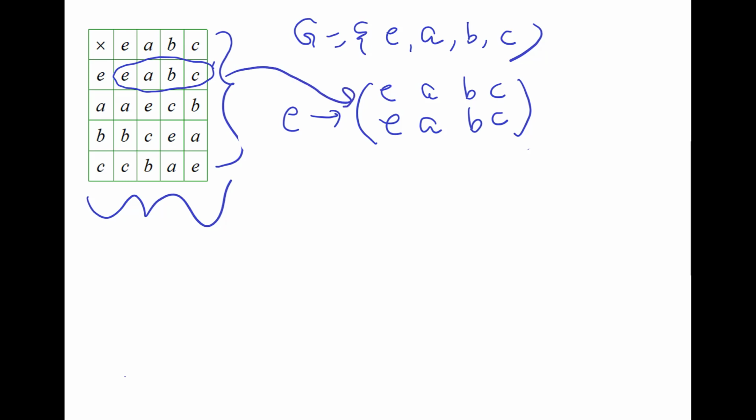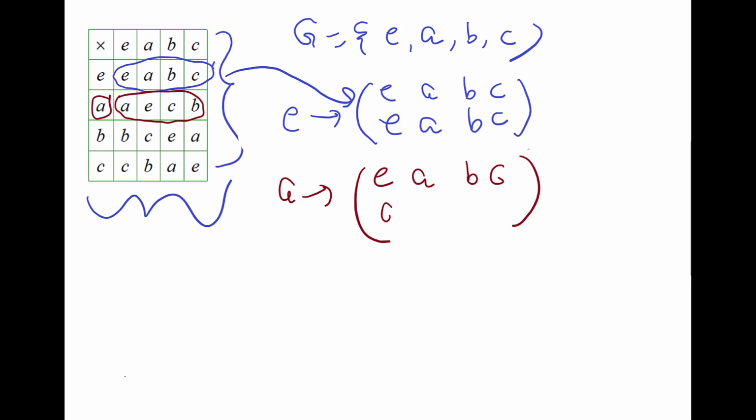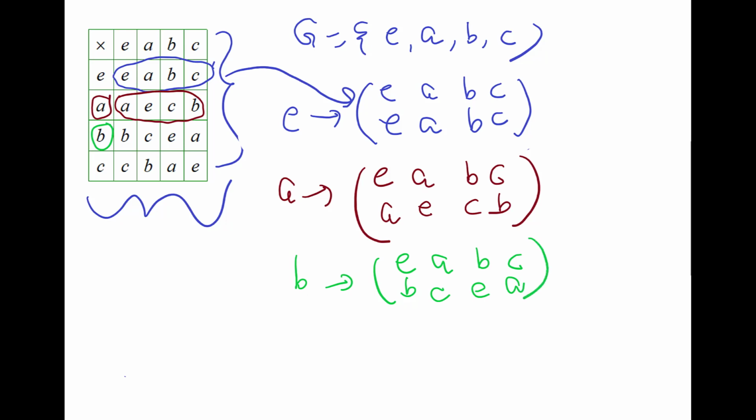Then say we want the image of A: A goes to, again, the elements E, A, B, C, and what we get is A, E, C, B. Now the image of B: B goes to E, A, B, C, and when we multiply by B on the left, that's what we get.